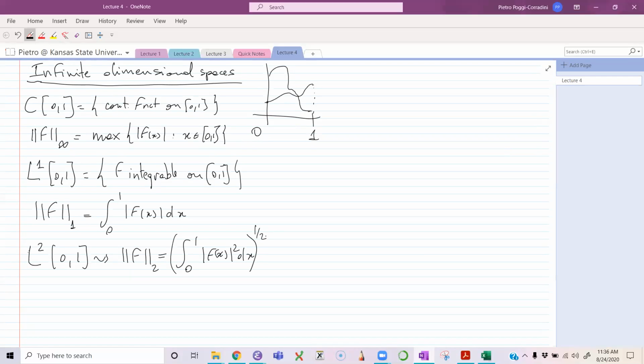Again, in a very parallel fashion, L2 has an inner product. The L2 norm comes from an inner product, and it's just a pairing where you integrate two functions against each other.